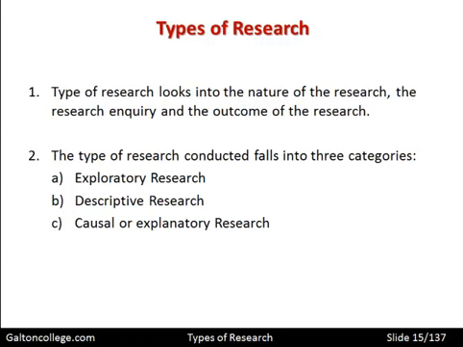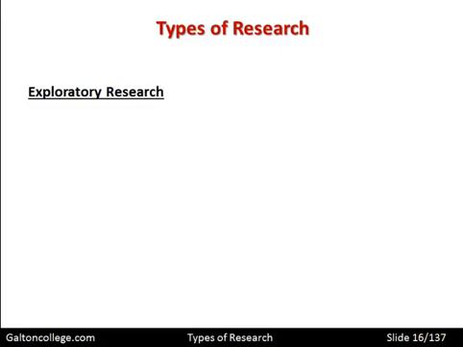It was expected there would be more sales when the price was decreased, but let's say that didn't happen. So what is the causal connection? Why did it happen? It's looking for reasons, it's looking for logical connections. So we have three types of research that we need to investigate: exploratory, descriptive, and causal.